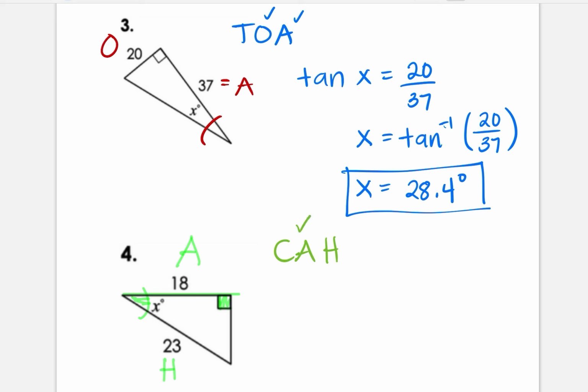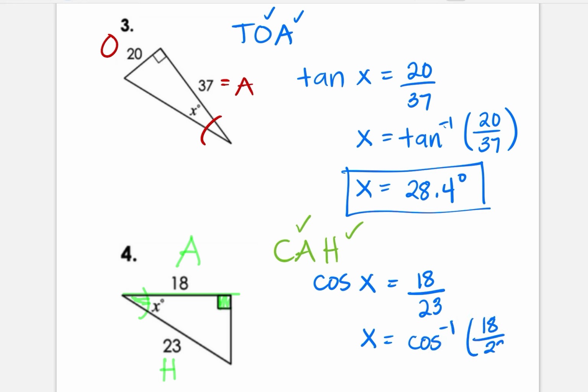We've got A and H. So we write cosine x equals the adjacent, 18, over the hypotenuse, 23. Getting x by itself, we have x equals inverse cosine of 18 divided by 23. We should get 38.5 degrees.